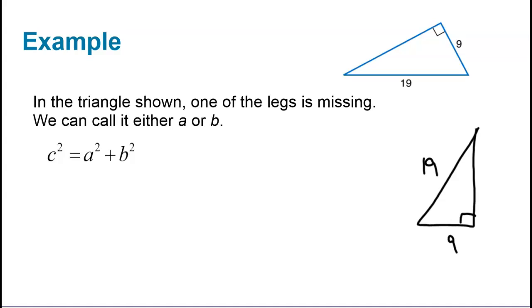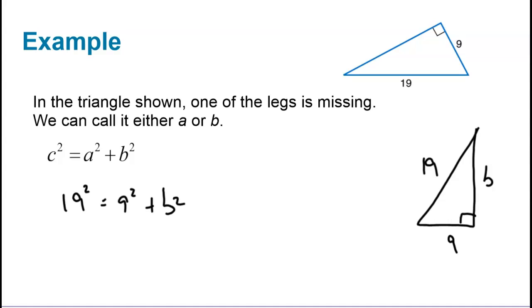So we'll call 9 a, and we'll call this longer side b. Knowing that, we can use our formula here, and we have c, so 19 squared equals 9 squared plus b squared.